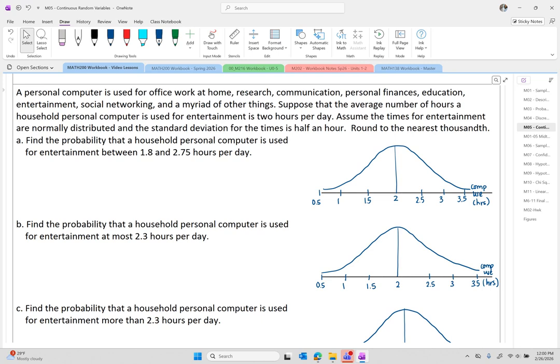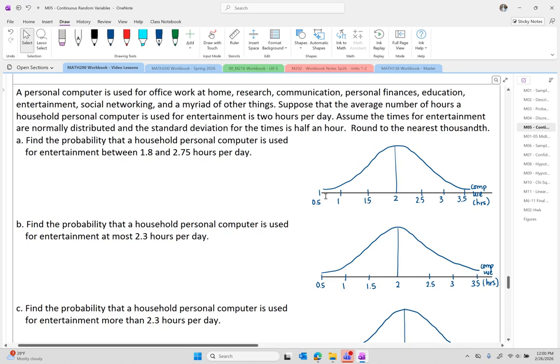Assume that the times for entertainment are normally distributed and the standard deviation of the times is half an hour. Round all the answers to the nearest thousandth, and the first question is to find the probability that a household personal computer is used for entertainment between 1.8 and 2.75 hours per day.